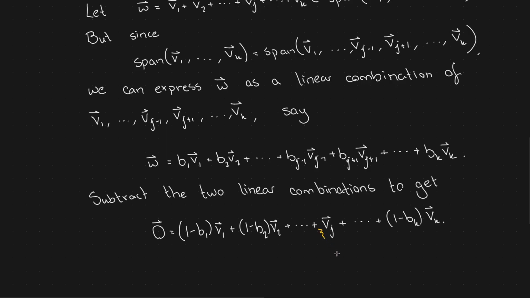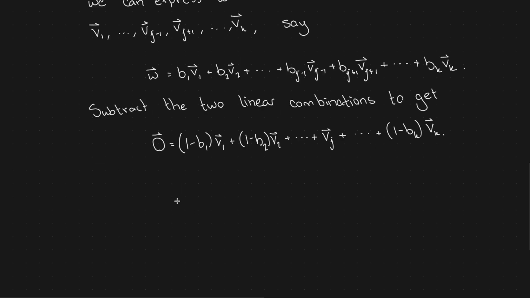But what's the coefficient in front of Vj? Not 0. Now, I should say these others might be 0, they might not be, because I don't know the value of B. But I know that this one isn't 0.